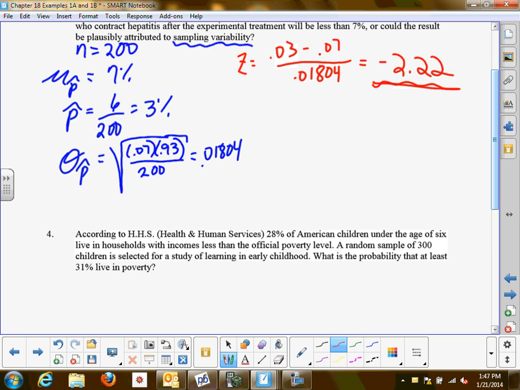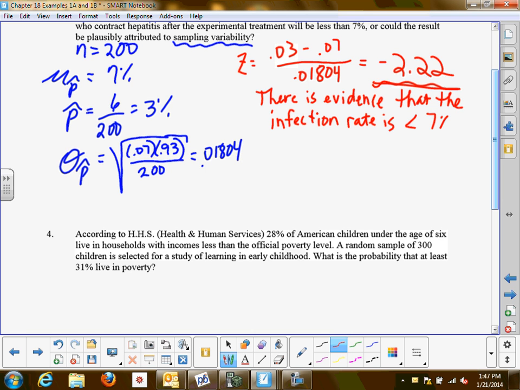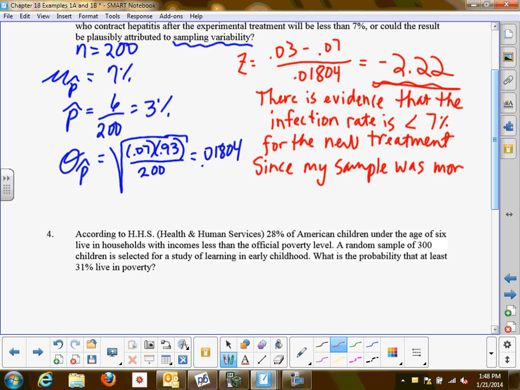So here's how you write your conclusion. It would say something like this: There is evidence that the infection rate is less than 7% for the new treatment, since my sample was more than 2 standard deviations below 7%.